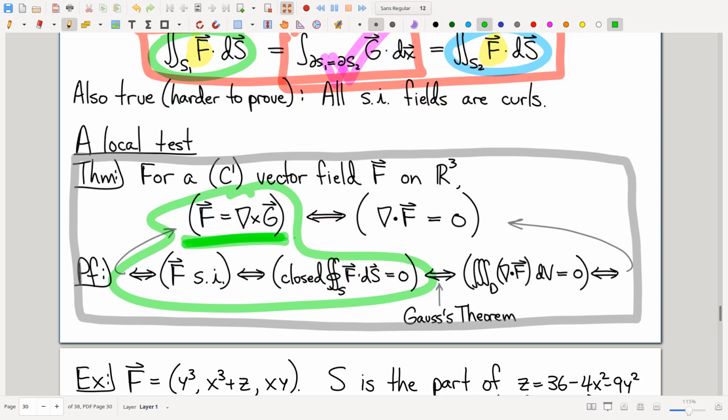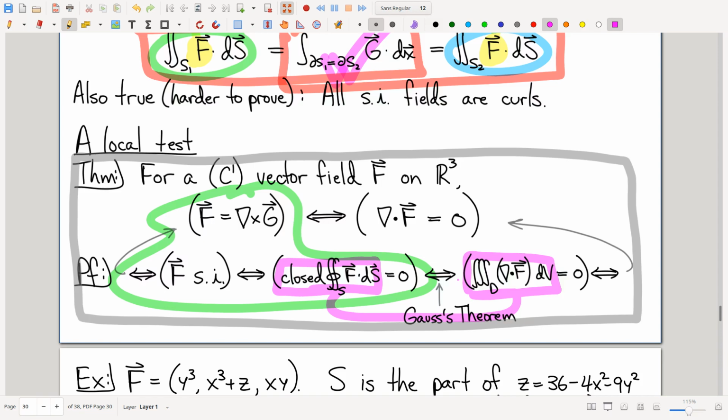So, okay, back to in practice. How do we know then? What use is it to know about some wonderful property called surface independence if you never know when you can use it? Turns out this is where Gauss's theorem kicks in really nicely. Gauss's theorem allows us to turn this statement about closed fluxes, boundary fluxes, into a statement about triple integrals of divergence, because that's what Gauss's theorem says.